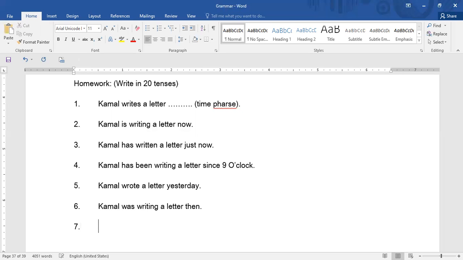Then past perfect. Sangeetani, past perfect. Kamal had been written a letter. If it is present perfect, has written a letter. If it is past perfect, the helping verb has changes into had. Had.